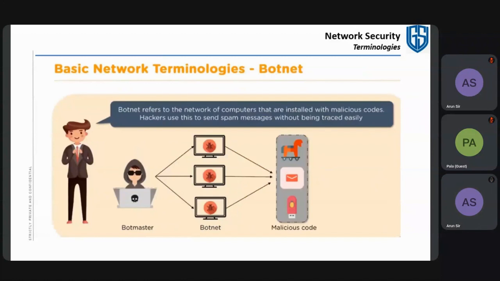Then we go to what a botnet is, and certain terminologies. Botnets are nothing but different computers hosted by an attacker, and they may carry malicious things like Trojan horse, phishing, brute force. Trojan horse is another malware.